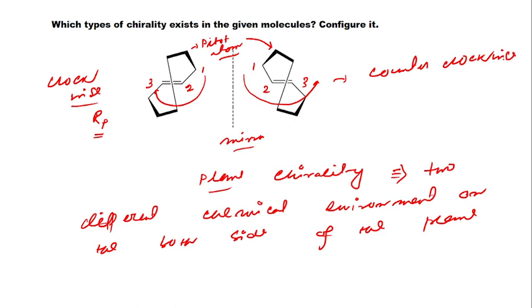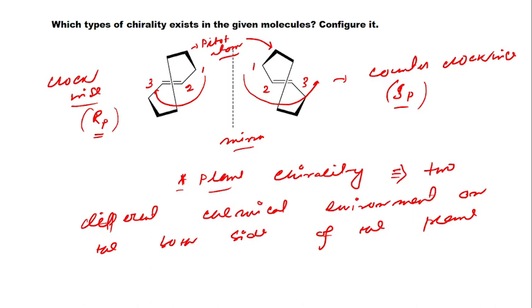If it is counterclockwise, then it is going to be SP. So which type of chirality exists? We got the answer. First of all, this is a plane chirality. And if this is plane chirality, then the left one is RP and the right side one is SP. And for stereochemical property discussion, we have made the P.